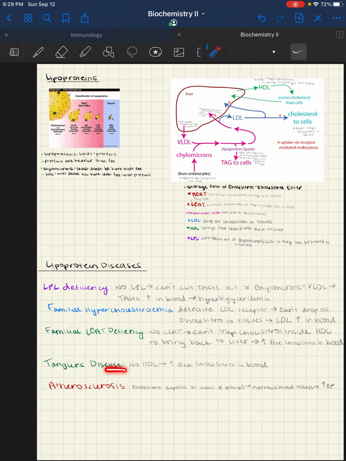There's another disease called Tangier's disease. That's from having little to no HDL. And if we don't have HDL, we won't be able to bring cholesterol from the blood back to the liver. So where will cholesterol remain? It'll remain in the blood. So that'll lead to high cholesterol, hypercholesterolemia.